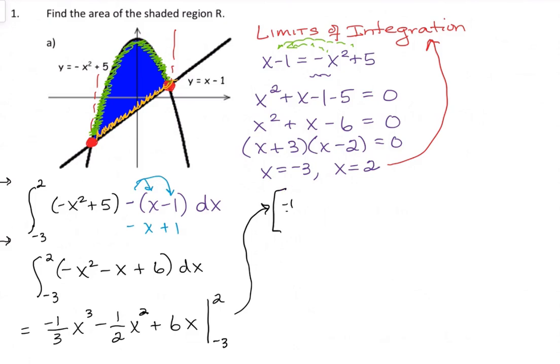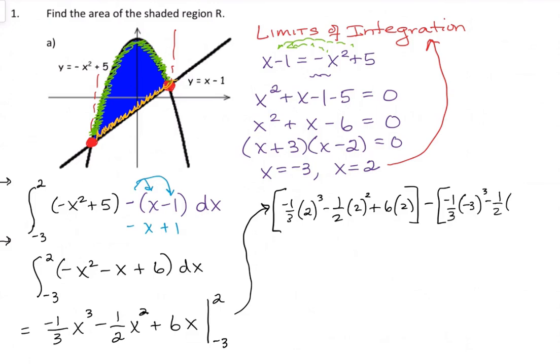And I've got -1/3 times 2 cubed, minus 1/2 times 2 squared, plus 6 times 2. And I want to subtract from that same thing, only this time I'm plugging in my lower limit of integration, which is -3. So minus 1/2 times -3 squared, and plus 6 times -3.